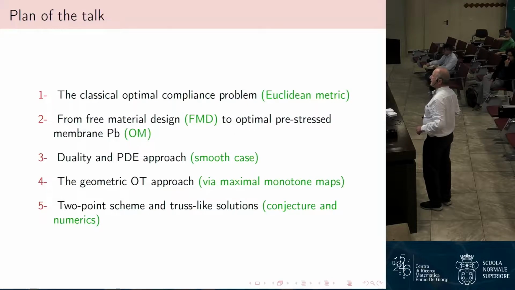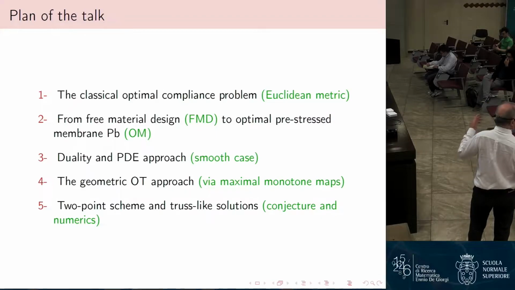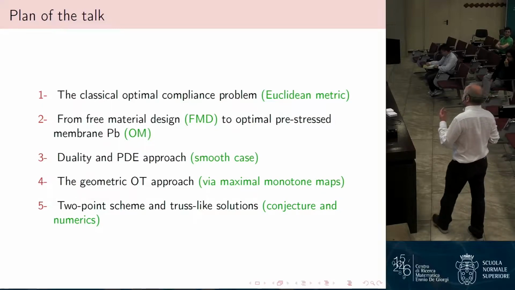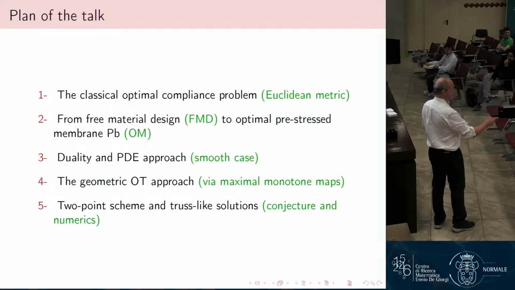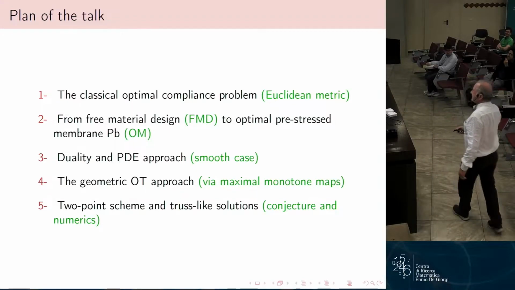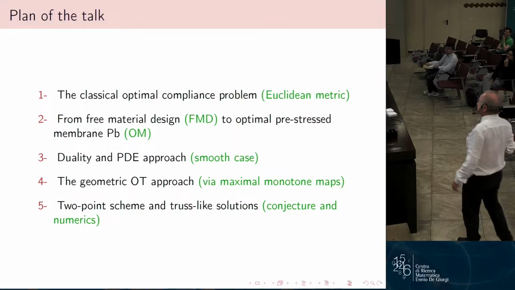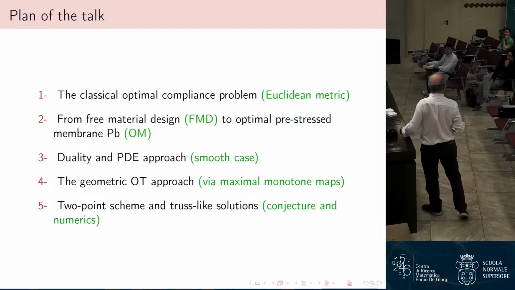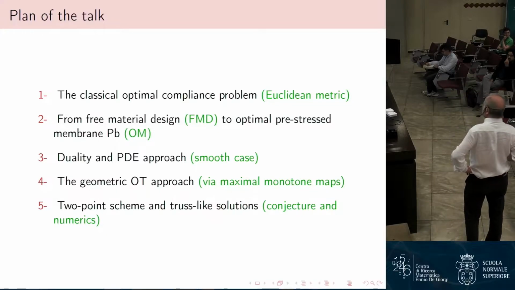So the plan of my talk: I will recall the old problem of classical compliance, where we use the Euclidean metric. It is the work we did with Giuseppe at the first meeting in optimal transport. Then I will describe the new setting, where we have some constraint on the measure, and then I will discuss a duality approach in the smooth case, because there is a real problem of achievement of the dual problem.